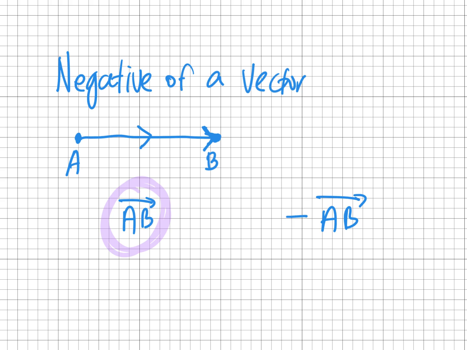How are we going to write that one? You're still going to start from point A, and here's your point B, but now the direction of the arrow is going back, this way. That's the negative of a vector. Very simple, nothing more, nothing less, but I would like you to really understand that there is also the opposite side of a vector.